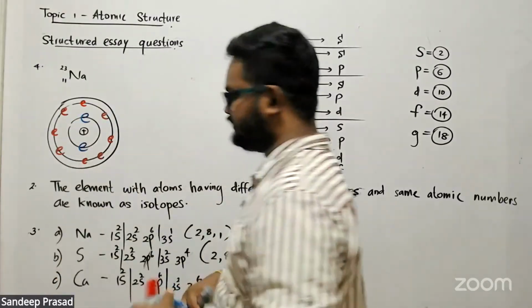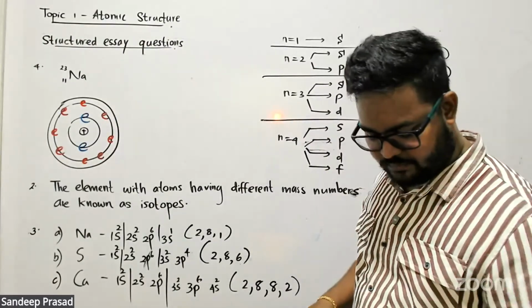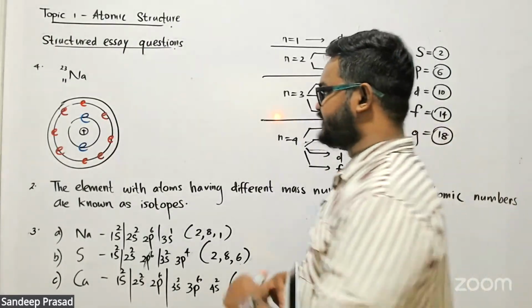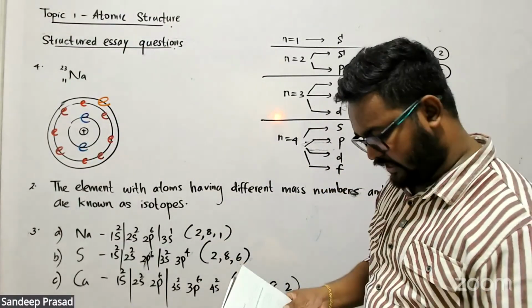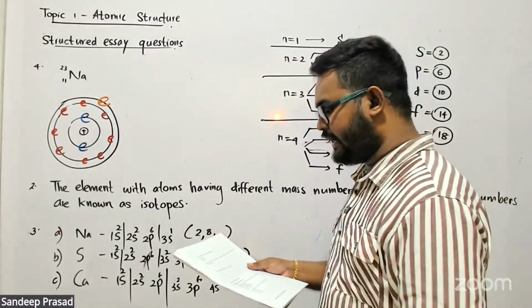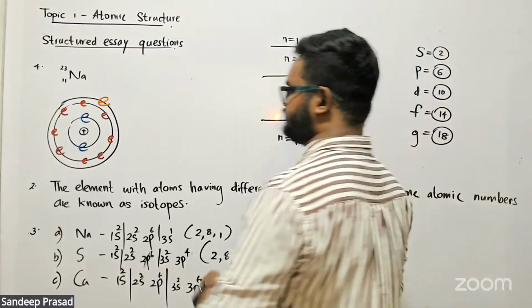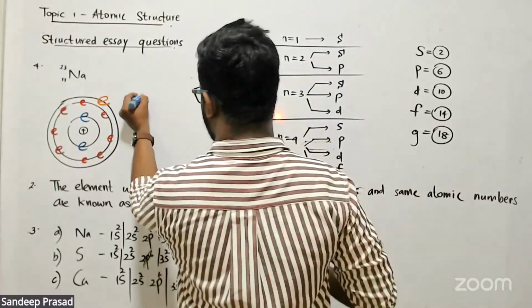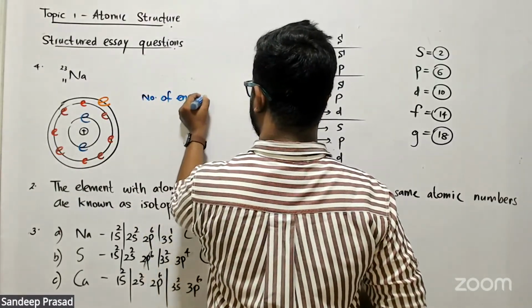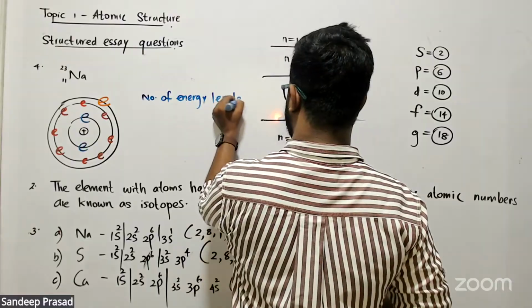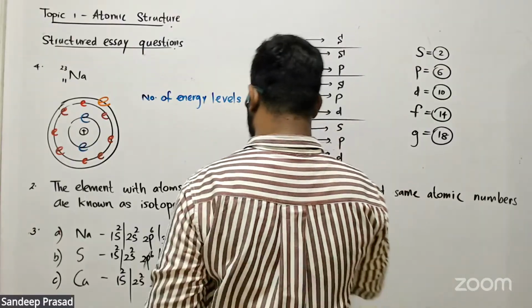In the valence shell, right? Valence shell means the last principal energy level. So it is containing 1 electron. So, state the number of energy levels and valence electrons. How many energy levels are there? Number of energy levels here is 3.